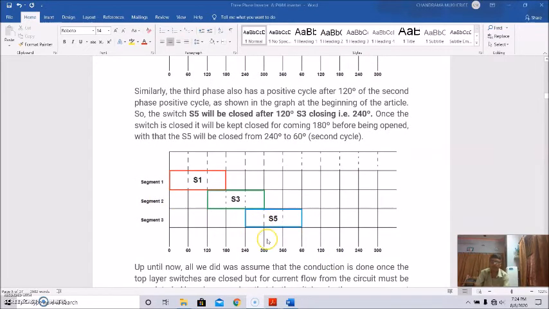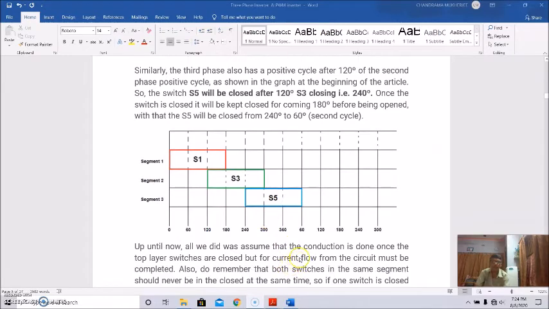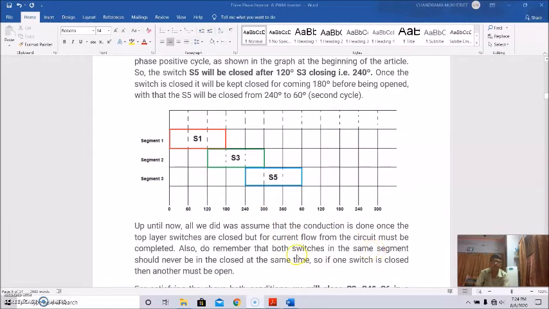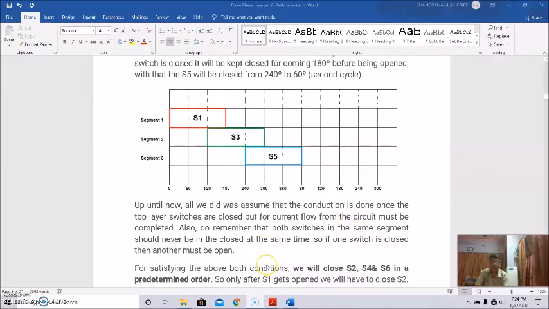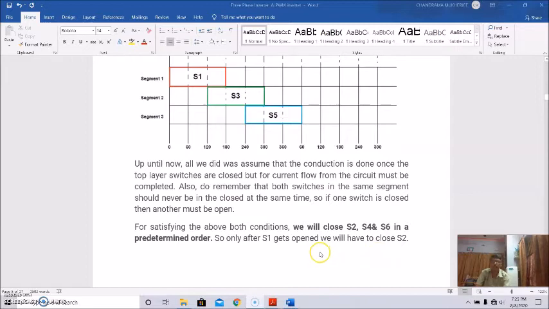Until now, we assumed that conduction is done once the top-layer switches are closed, but for current to flow, the circuit must be completed. Also remember that both switches in the same segment should never be closed at the same time. So if one switch is closed, then the other must be open.